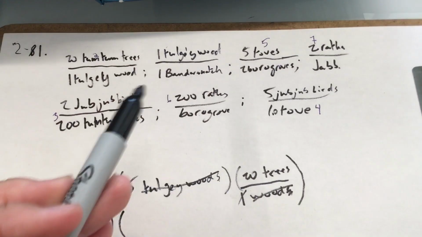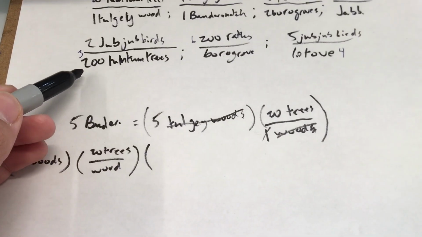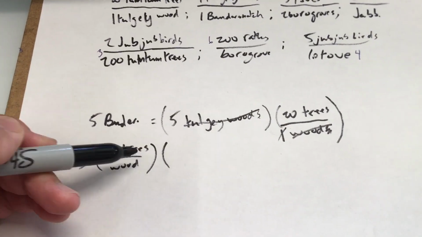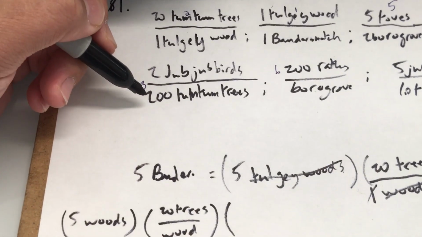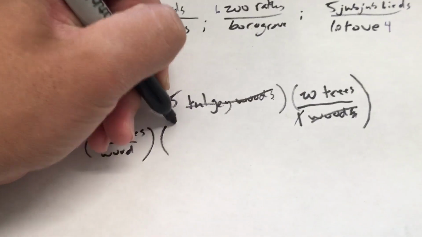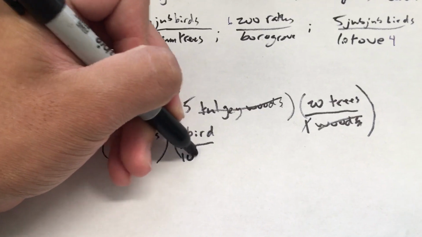So we look here, we have 1, 2, and we need to find our third one. So this is going to be our third one. So trees has to cancel out trees, so we're going to have 2 over 200. But 2 over 200 is equal to 1 over 100. So we can just write, for each bird, we have 100 trees.